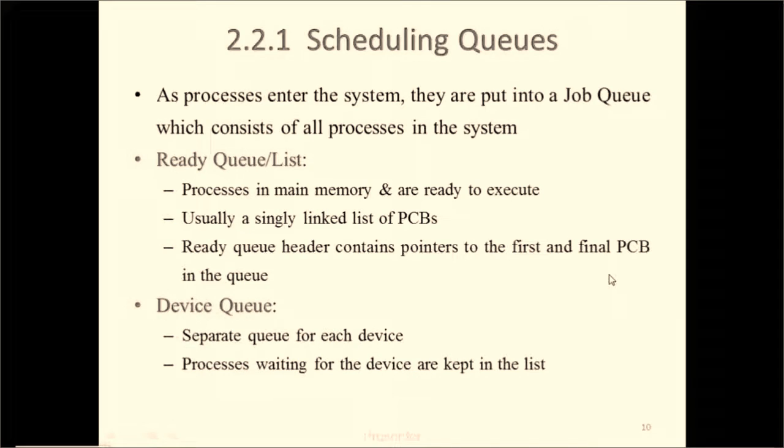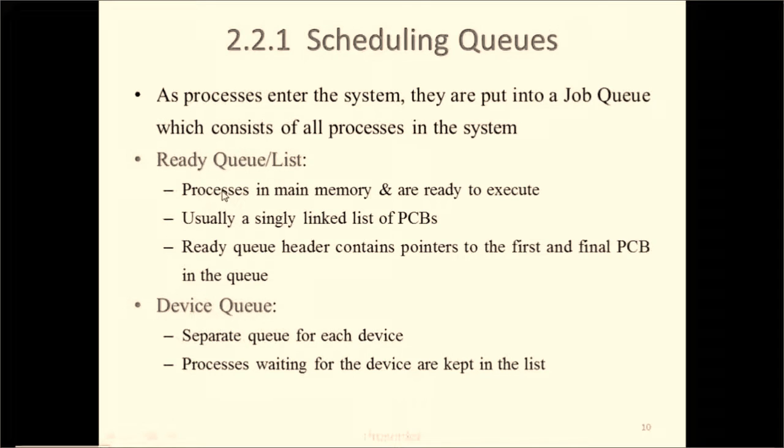Scheduling queues. I said there might be more than one process in the ready list, right? How are these processes maintained? All the processes in a particular state are kept in a list, and if the list contains all processes in the ready state, then the queue or list is called the ready queue or ready list.